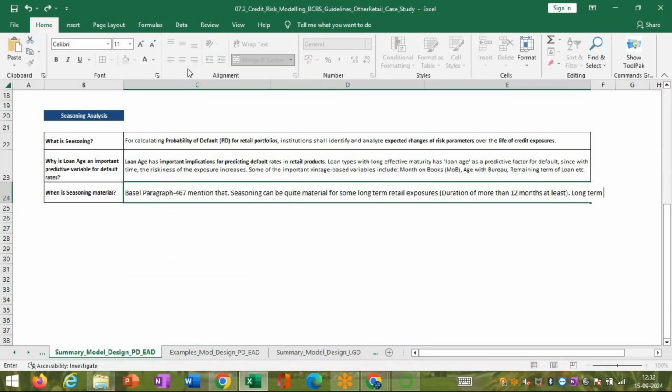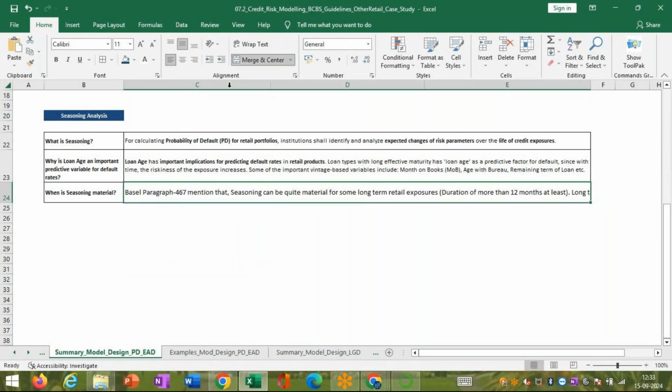The long-term retail exposures are characterized by a seasoning effect that peaks several years after origination.